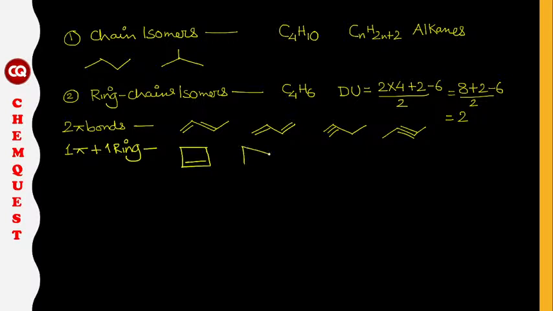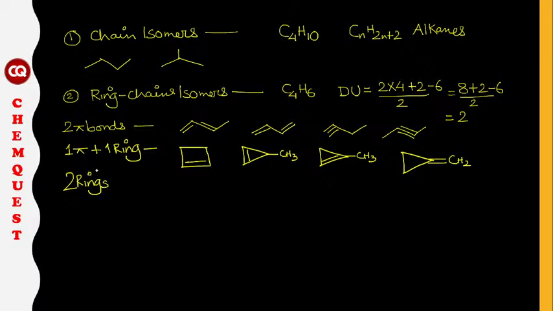Next one 3-methylcyclopropene. Next one 1-methylcyclopropene, and next one cyclopropylidene, with an exocyclic pi bond.